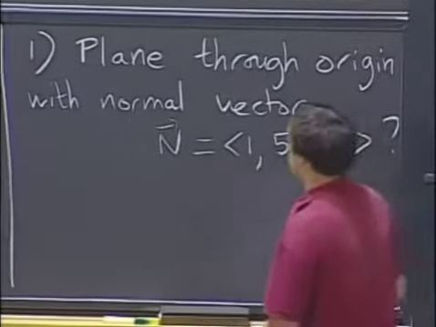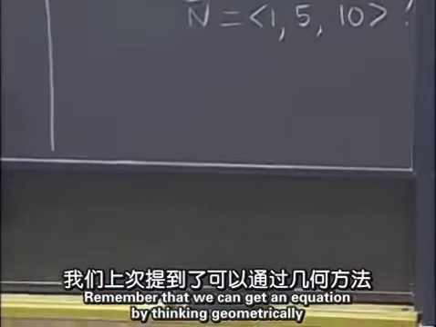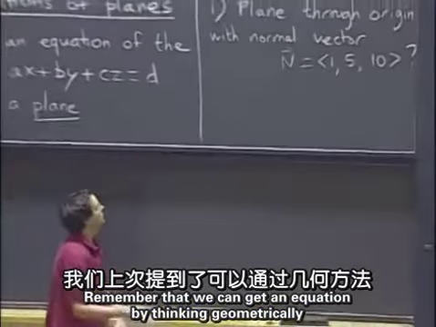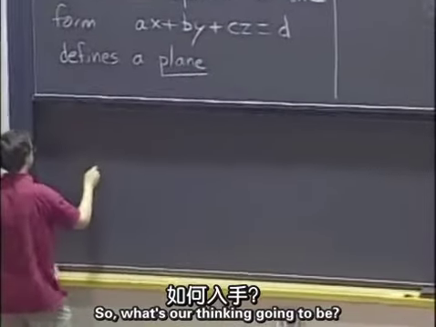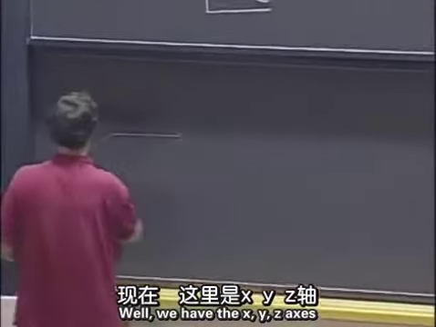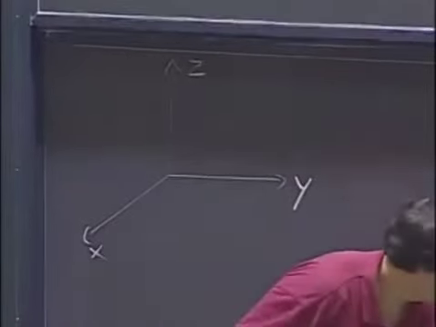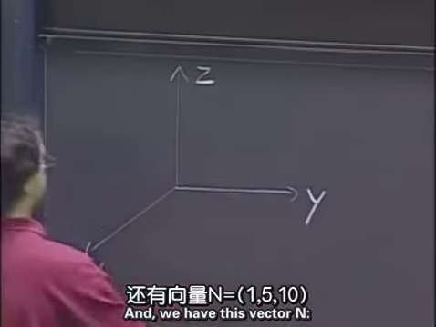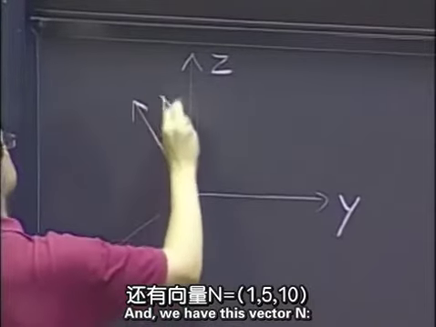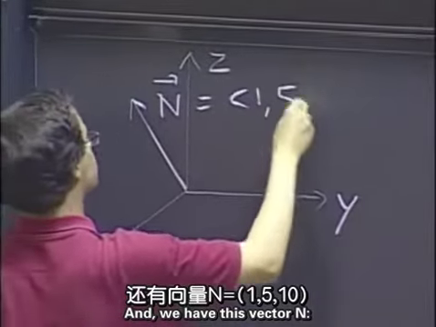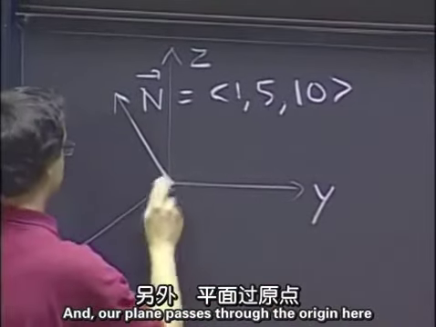Well, remember that we can get that equation by thinking geometrically. So what's our thinking going to be? Well, we have the x, y, z axes, and we have this vector n, 1, 5, 10, and it's supposed to be perpendicular to our plane, and our plane passes through the origin here.